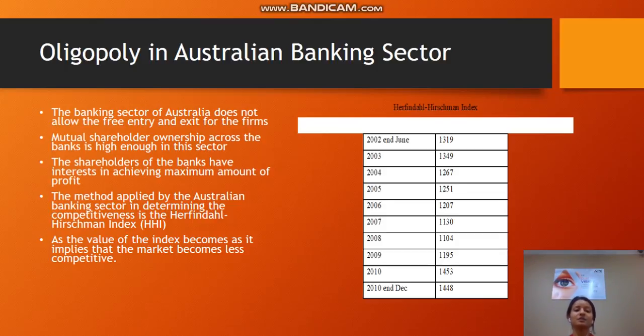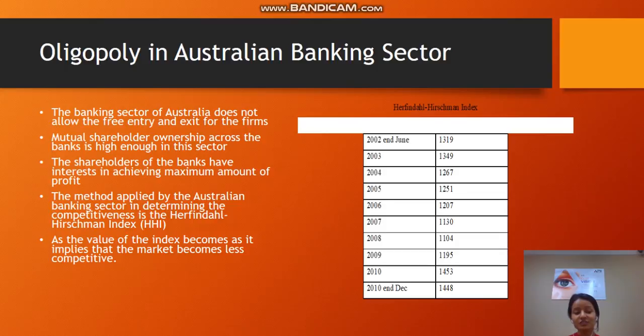Okay, now let's talk about oligopoly in the Australian banking sector. Another example is the banking sector in Australia, which is dominated by four major institutions. These institutions together are responsible for contributing over 85% of domestic home loan value. Commonwealth Bank, National Australia Bank, Westpac Bank, and the Australia and New Zealand Banking Group are the major banks.